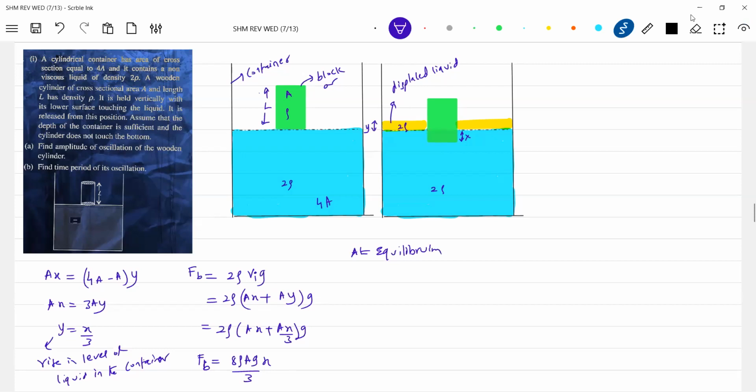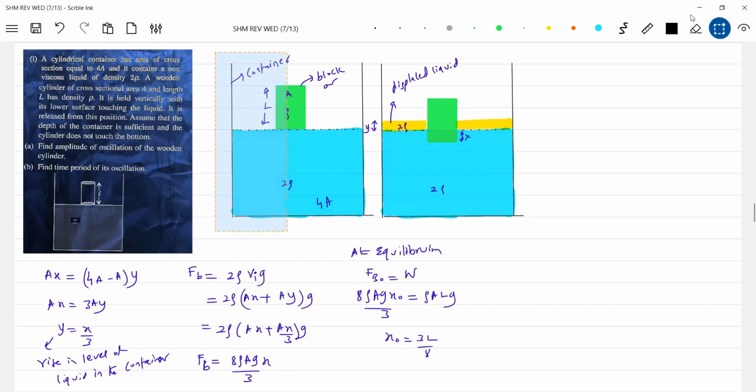So at equilibrium, the buoyant force will be balanced by the weight of the cylinder. The buoyant force will be 8 rho A g x naught by 3. Weight of the cylinder is rho A L g. What is x naught? x naught will be 3L by 8. Now why did I bring this? You see that one. Finally, let me take this one here.